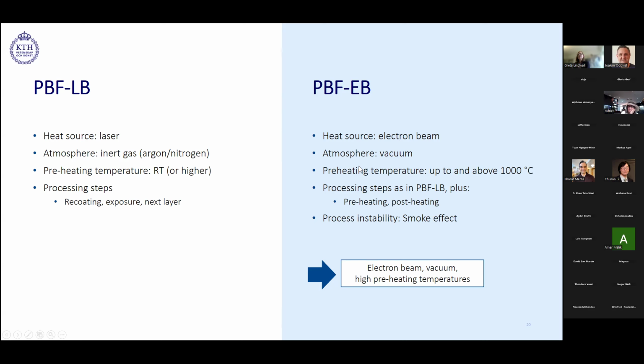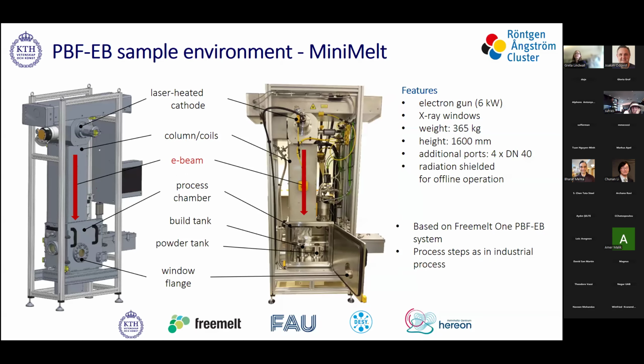So there are some extra constraints that have to be accounted for when developing a sample environment for electron beam powder bed fusion. But in this project we've developed what we call the mini melt, and it's based on the commercial machine, Freemelt 1.